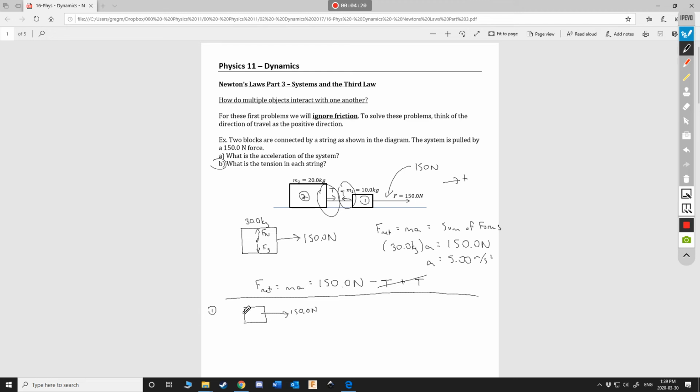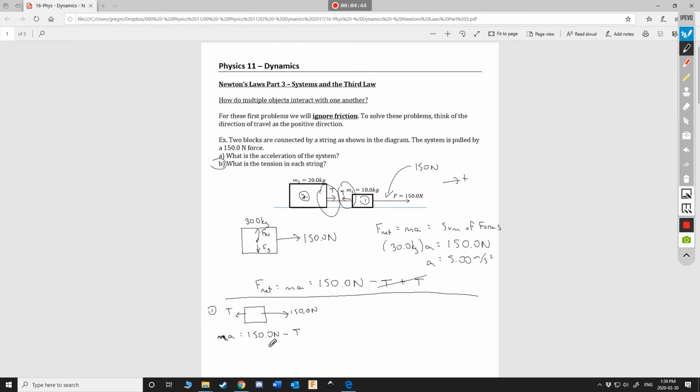It's also being pulled backwards with some tension T. So if I write out my net force equation, I have M1 A is equal to 150 newtons minus T.